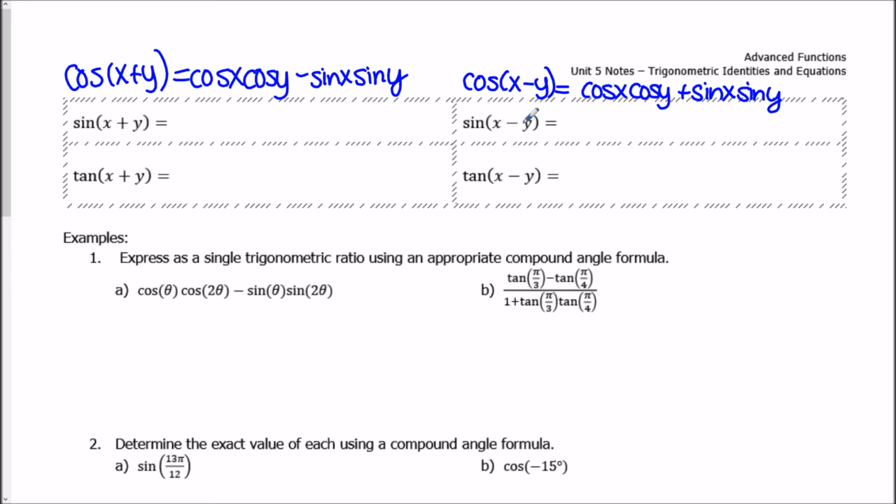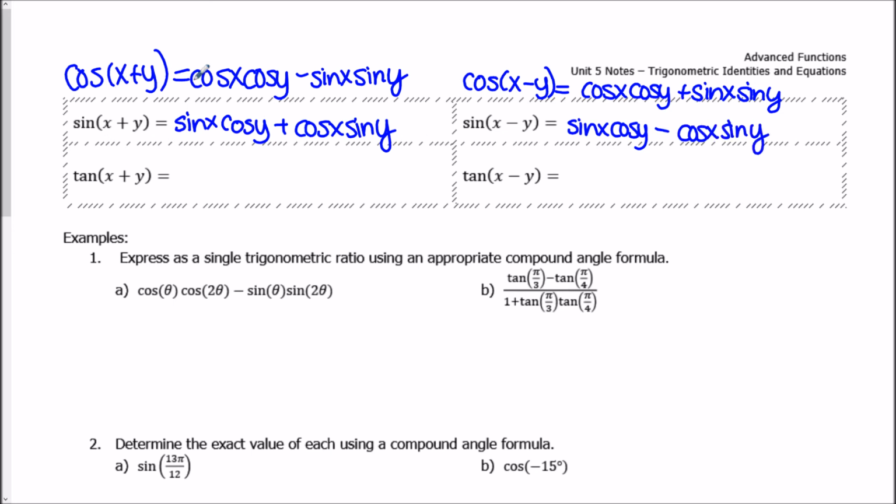Okay. All right, so now here are the formulas that we will use for sine of x plus y and sine of x minus y, tan of x plus y, and tan of x minus y. So sine of x plus y is just going to be sine of x, cosine, sorry, of y, plus cosine of x, sine of y. And vice versa, sine of x minus y is just going to be sine of x cosine of y, minus cosine of x sine of y.